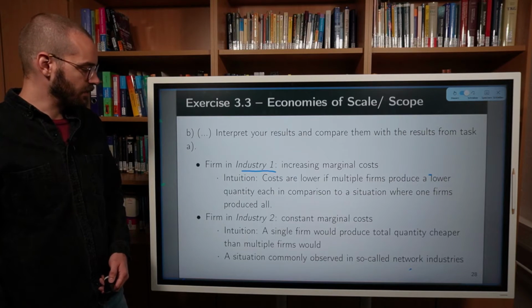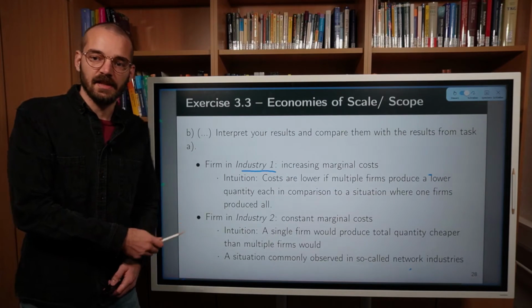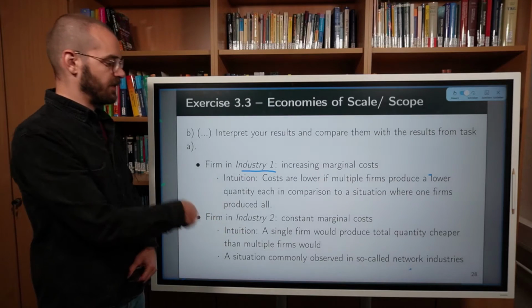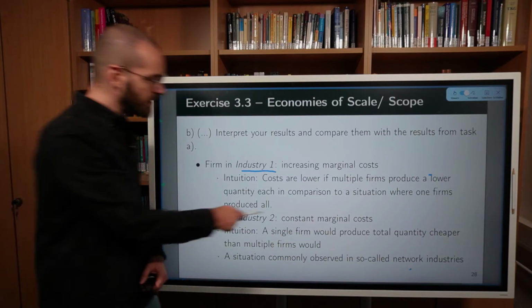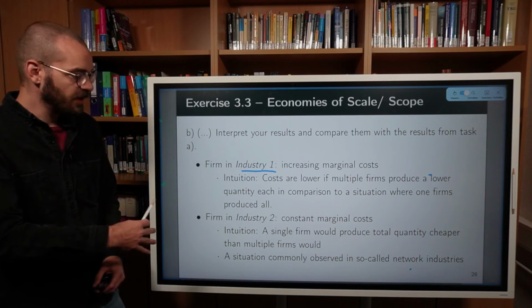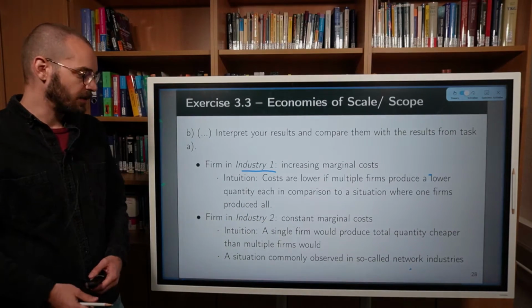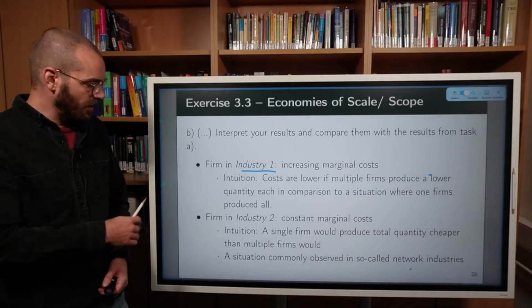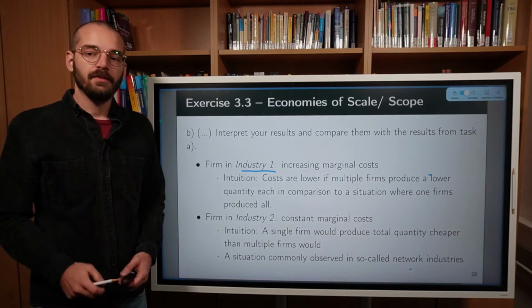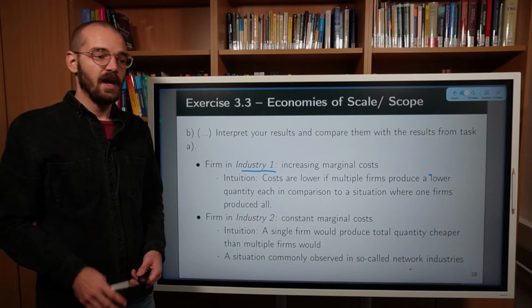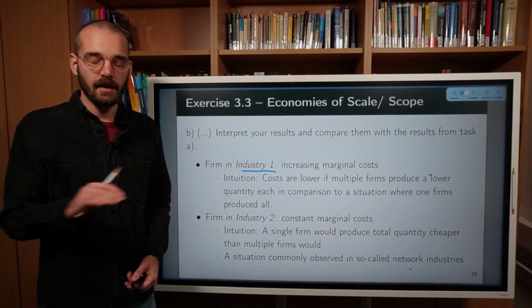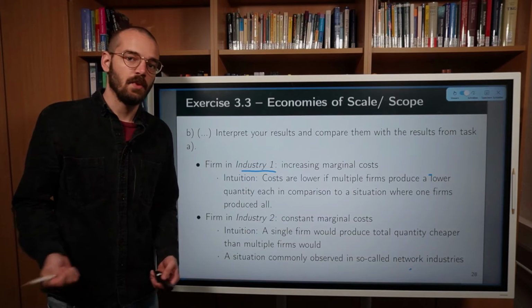In contrast to this, we see the exact opposite in industry 2, because as we just discussed, we have constant marginal costs, and fixed costs, to make the story complete. So as a consequence, we see that a single firm is actually producing at a lower average cost than multiple small firms.